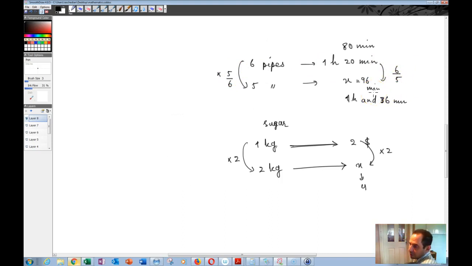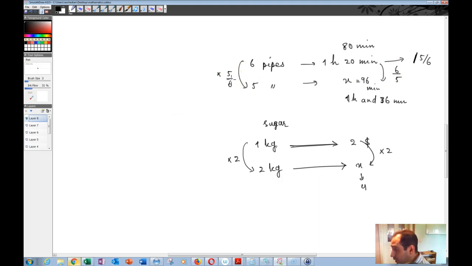So that means that here I actually divided by 5/6. When you divide by 5/6, that's the same thing as multiplying by the reciprocal of this number.